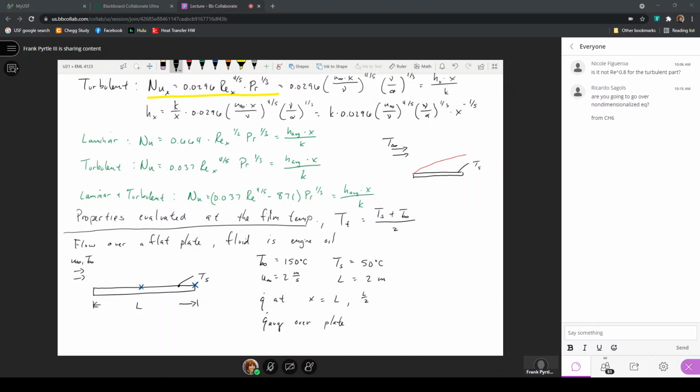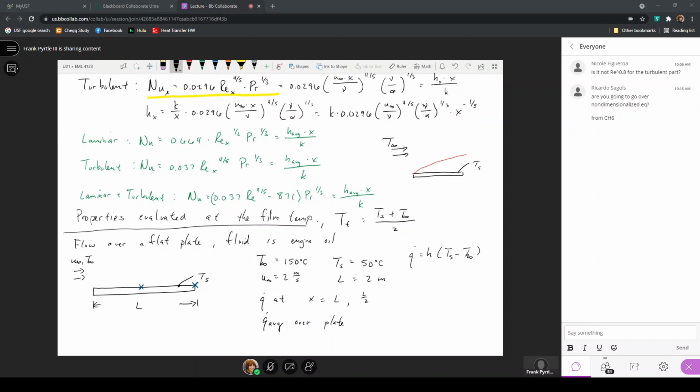Now we know that by Newton's law of cooling, the heat flux is just the heat transfer coefficient times Ts minus T infinity. So if I want the heat flux at a position, that means I have to find the heat transfer coefficient at that position where I want to define the heat flux. If I want the average heat flux over the plate, then that means I need to find the average heat transfer coefficient over the entire plate.